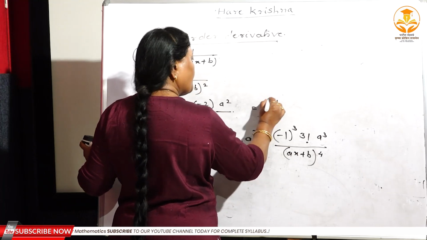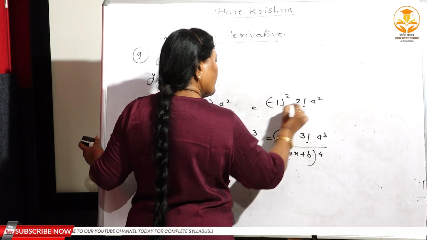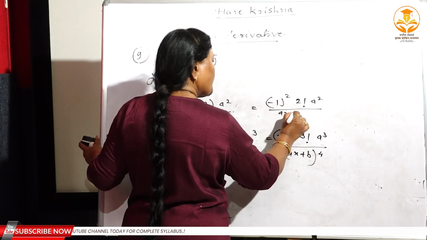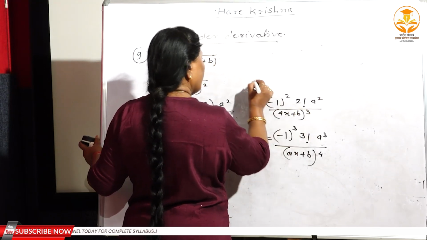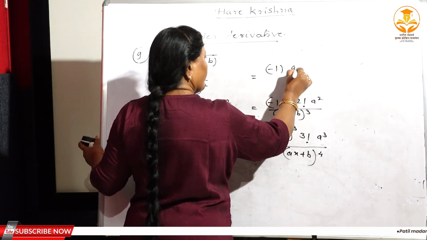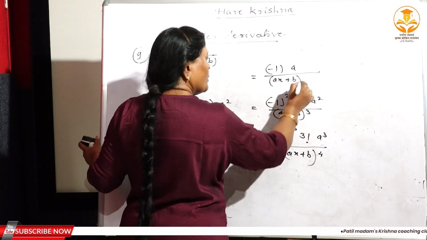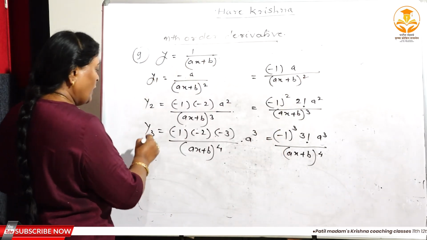Here minus 1 multiplied 2 times, again 1 2 means 2 factorial, a square, divided by ax plus b whole raised to power 3. Again minus 1, a, ax plus b whole to the power 2, isn't it?